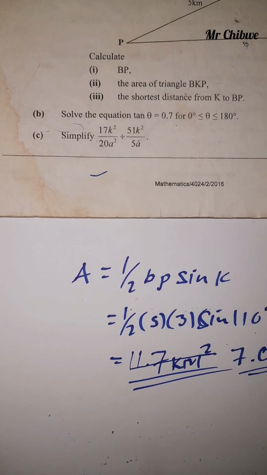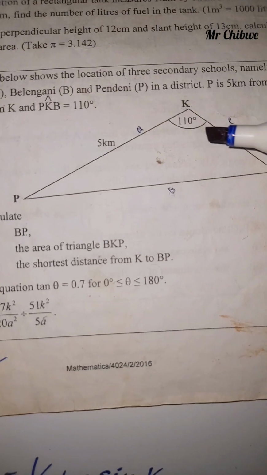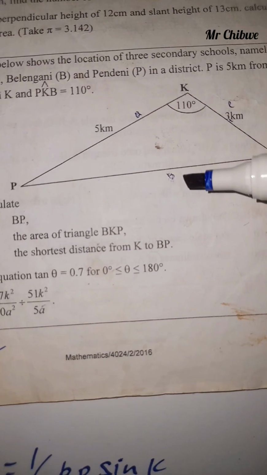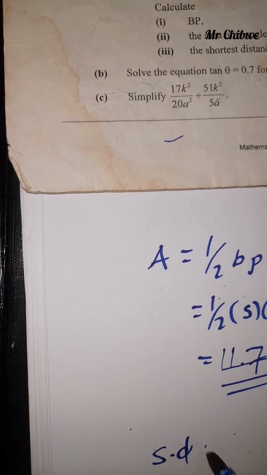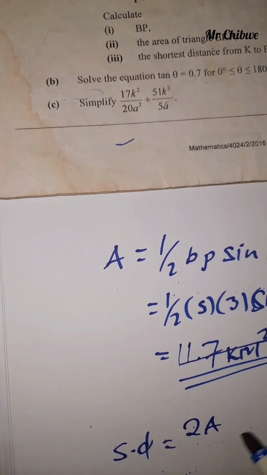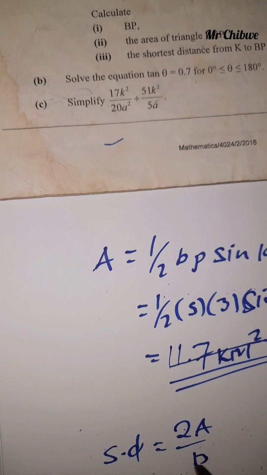The next question is calculate the shortest distance from K to BP. Now the shortest distance is calculated by using this: SD, which is shortest distance, is equal to 2 times area over the base.